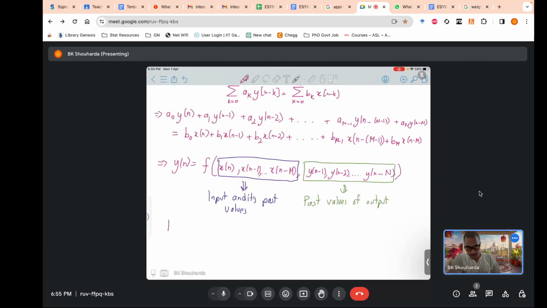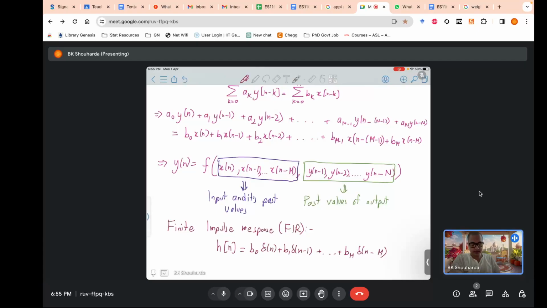One is the finite impulse response, or FIR. Such FIR systems are said to exhibit h[n] as some b0 delta[n] plus b1 delta[n minus 1] plus so on till b_M delta[n minus M].